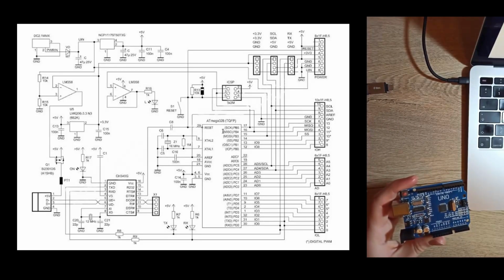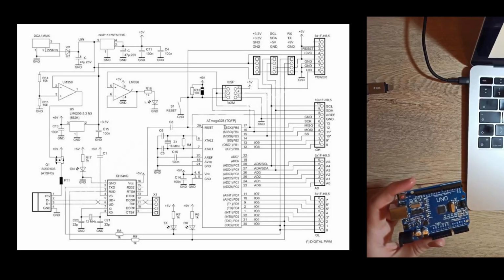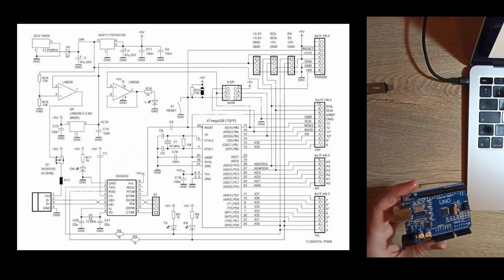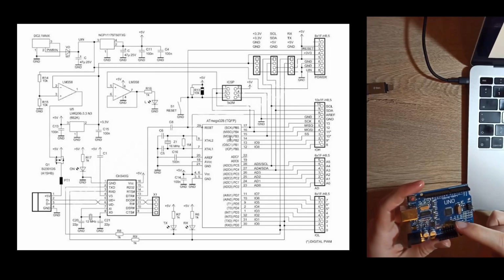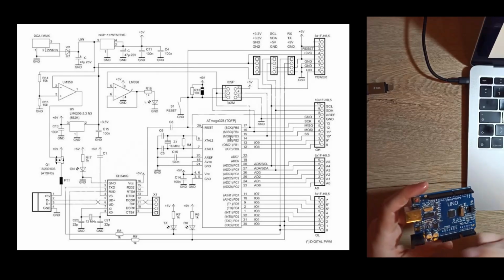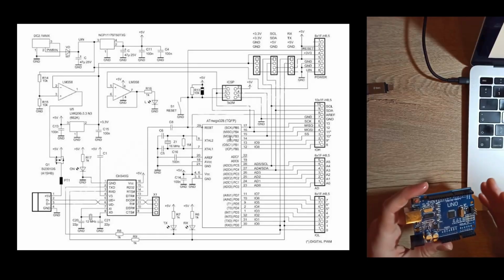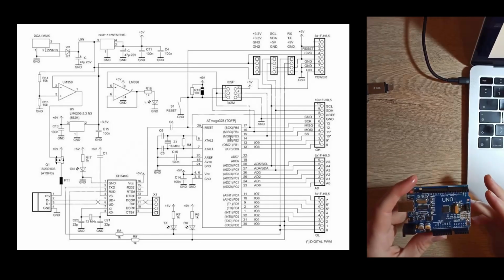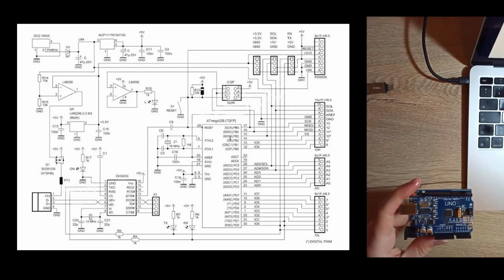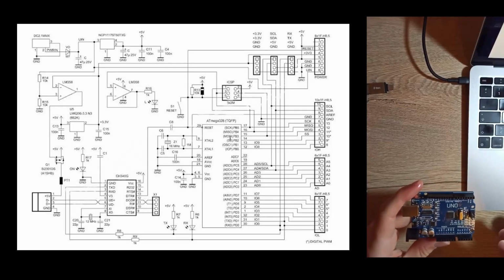And one thing you might notice, the USB does not directly connect to the atmega microcontroller chip, right? Because the microcontroller chip does not have any pins for USB. It does not understand USB natively. So we need a converter chip from USB to a communication protocol that the microcontroller understands.